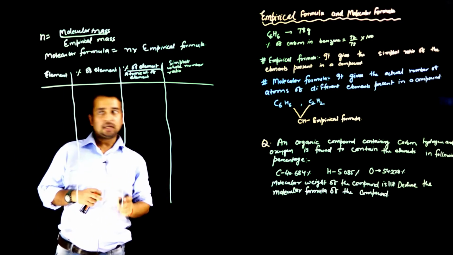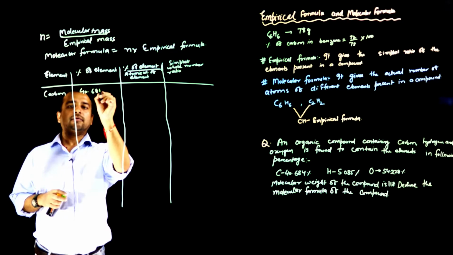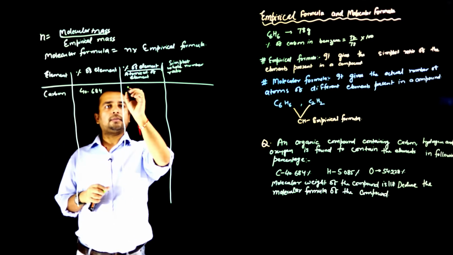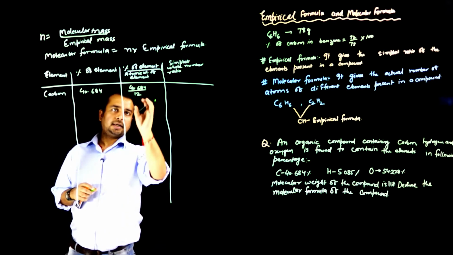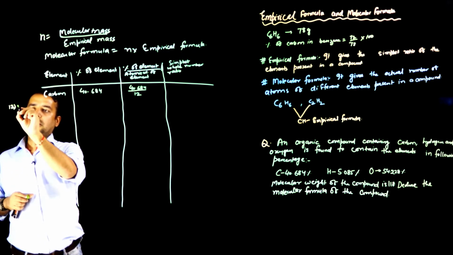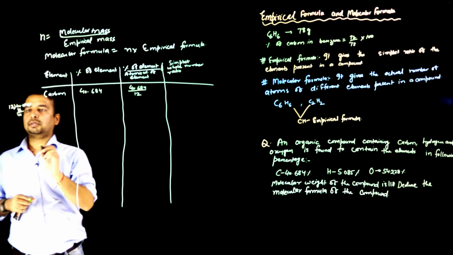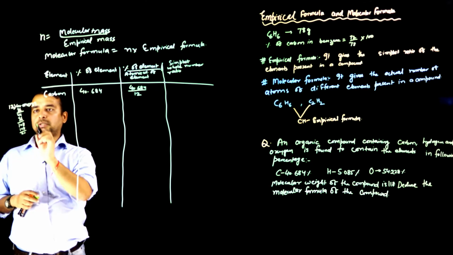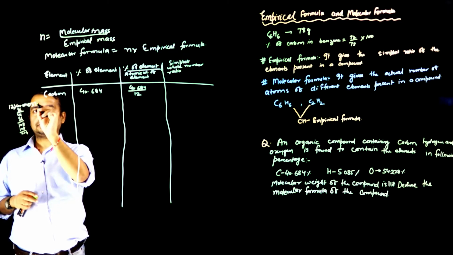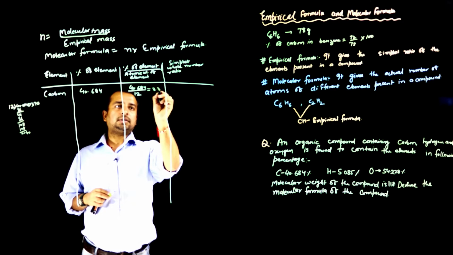Okay. So here we have three elements. Carbon is 40.684%, so we divide it by 12, which is the atomic weight of carbon. 40.684 divided by 12 is slightly greater than 3, and it comes out to be 3.39.